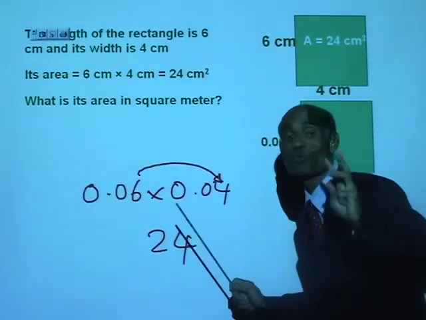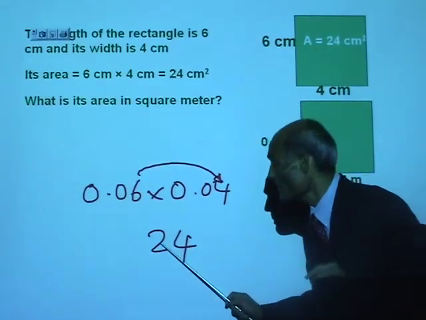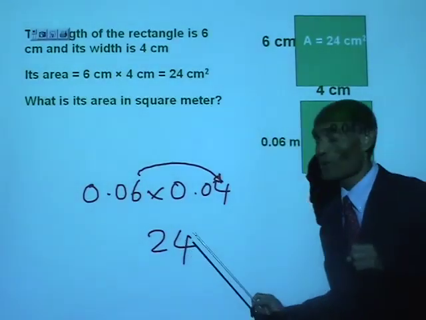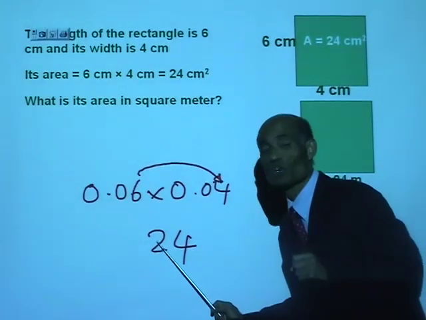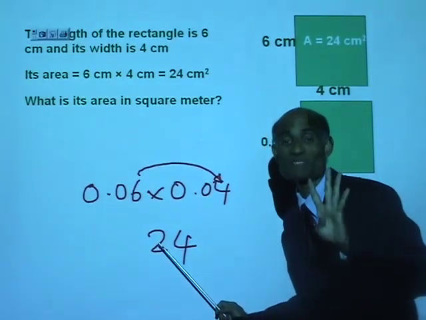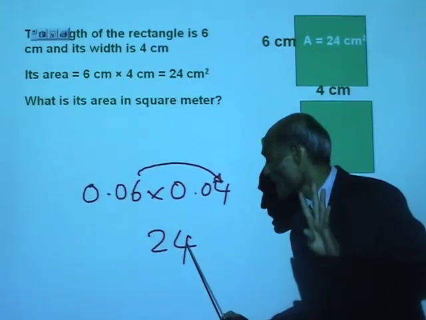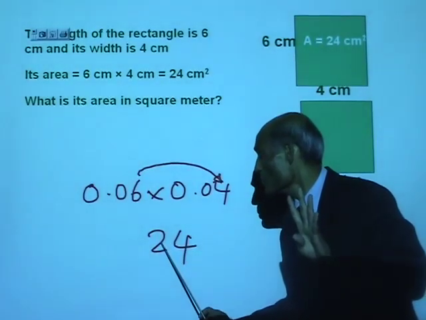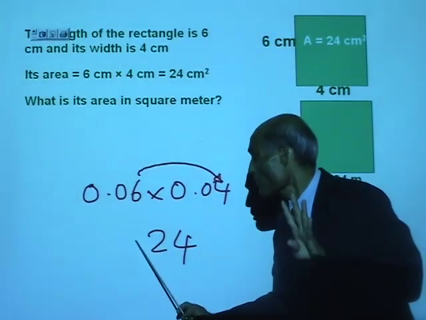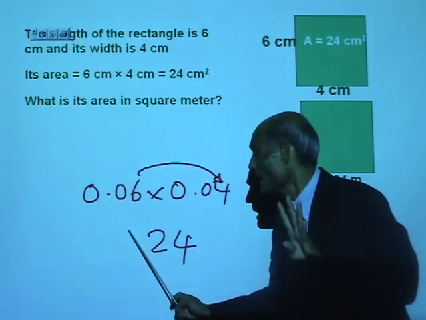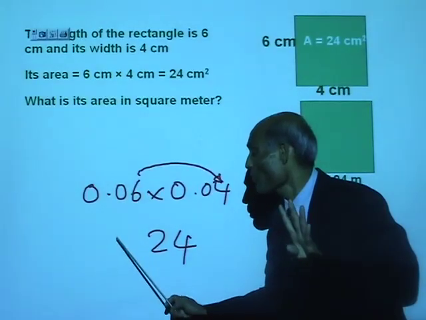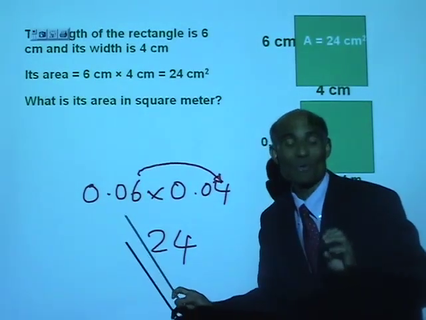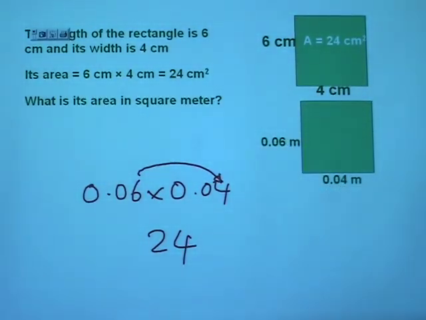2 plus 2, 4. Now, I have 24, and I must write this with 4 decimal places. So I start with the last digit, count 1, 2, and now put a 0 and count 3, another 0 and count 4, and put my decimal. That's how I create 4 decimal places.